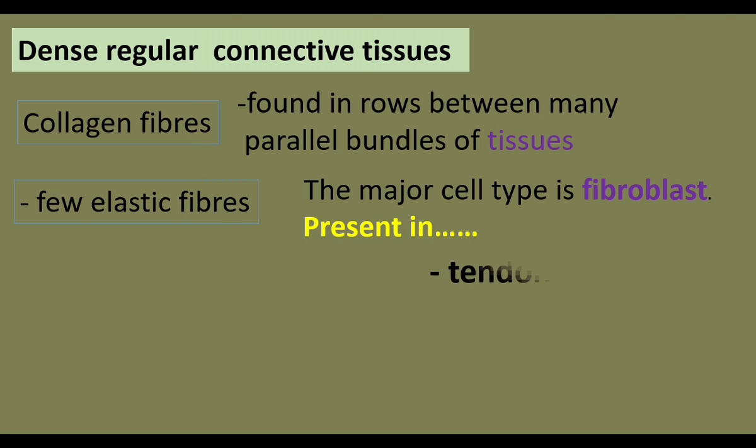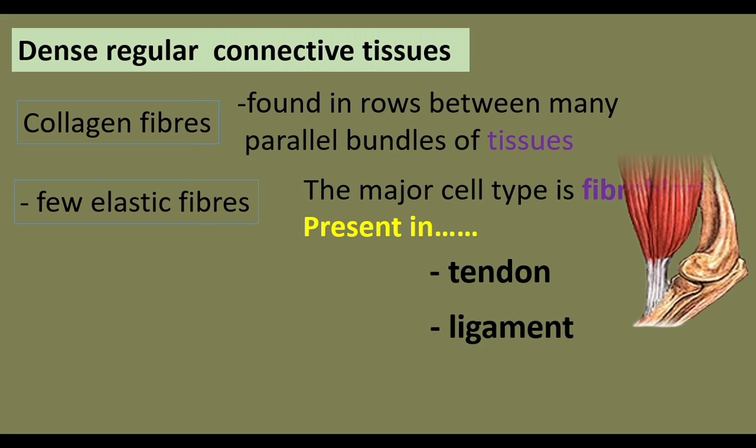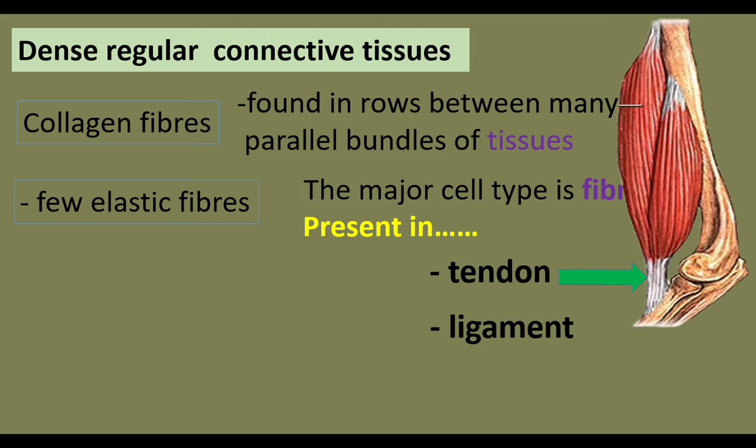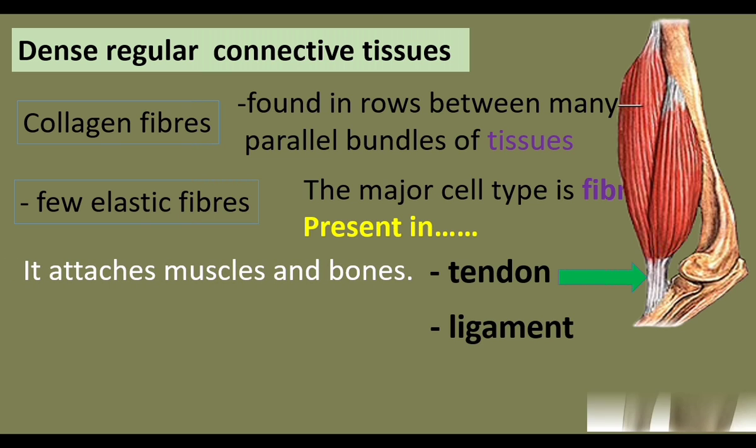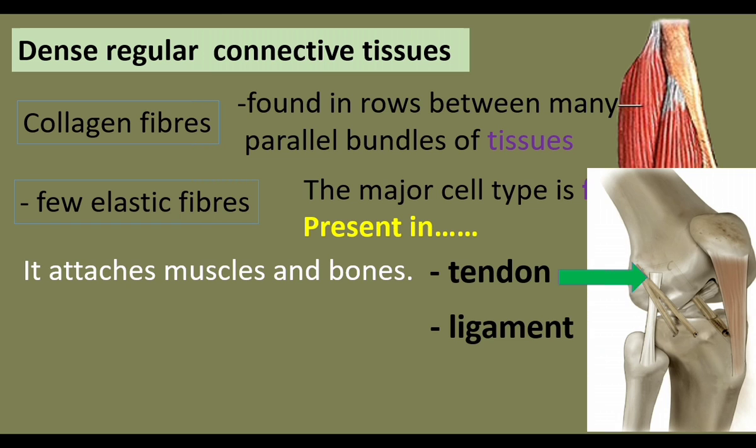They are present in tendons and ligaments. Tendons and ligaments are connective structures. They have great tensile strength. Tendon connects muscle to the bones. Ligaments connect two bones.